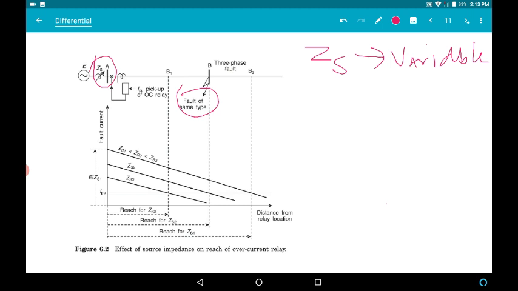So if the source impedance is small, ZS1, then your relay will reach only up to point B1. If your source impedance is slightly greater, ZS2, it will work up to this point. And if your source impedance is even greater, that is ZS3, the relay will work to this point.